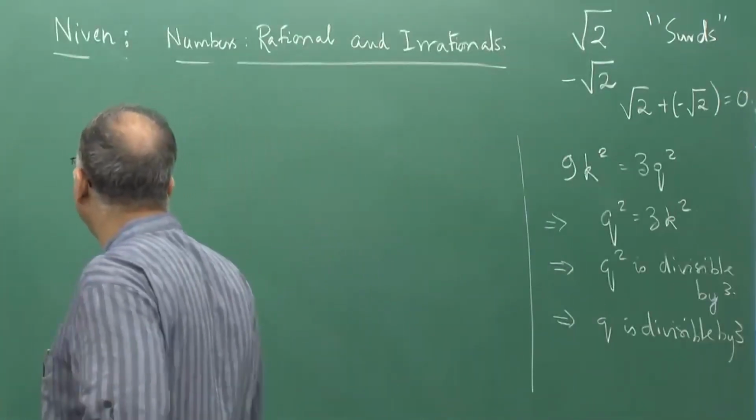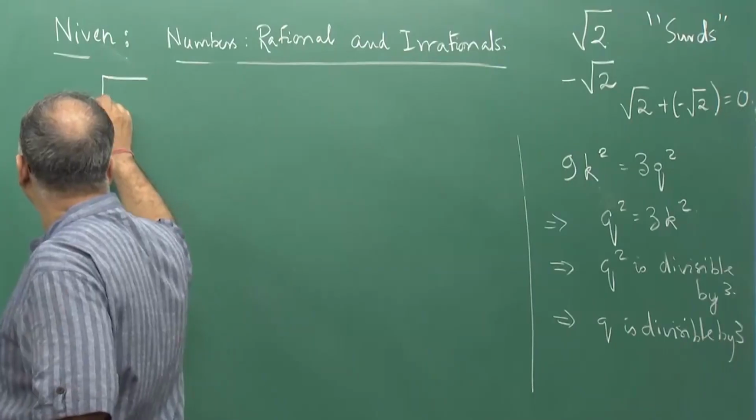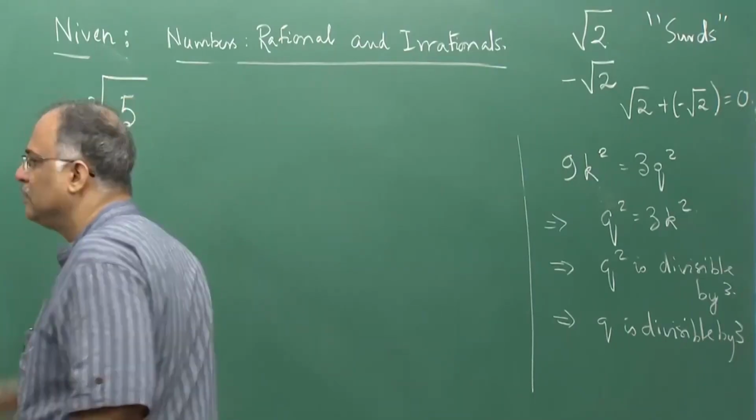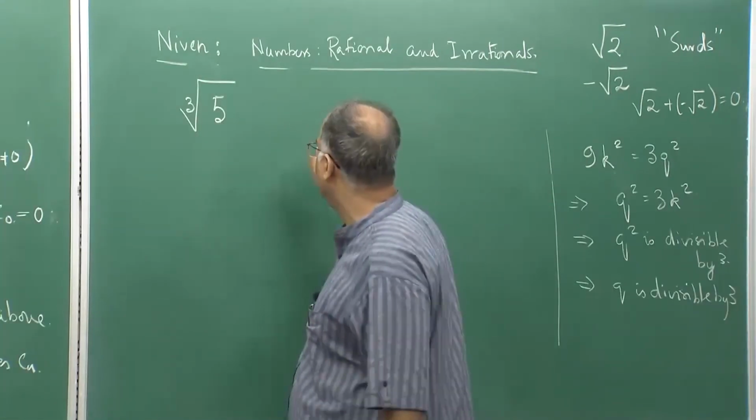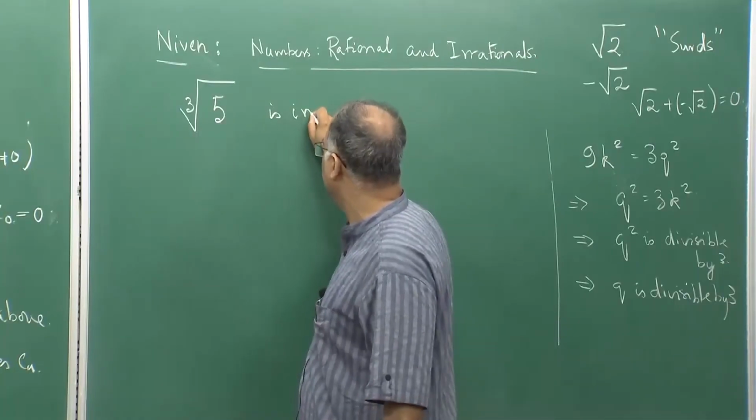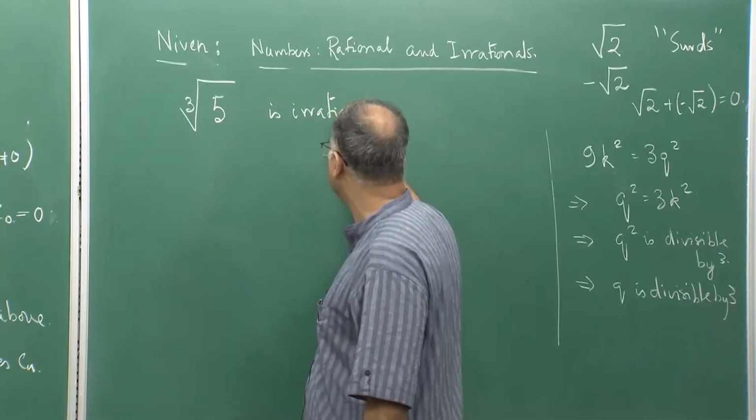let me ask you this question: the cube root of 5 is irrational. Can you prove it? And you will see how beautifully we can use this idea.